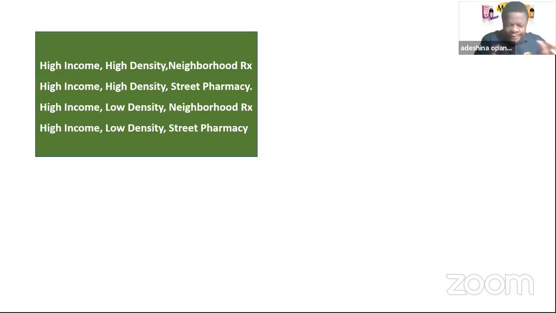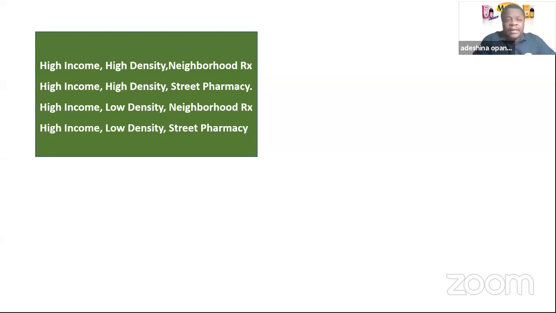Let me try and put some areas to tie to this. So I may say high income, high density may be a Lekki phase 1, because even though it sounds like an anomaly, rich people don't like a crowd. You know, they like to live on their own. But for the purposes of this discussion, let's assume that a Lekki phase 1 or a Victoria Garden City can qualify as a high income, high density residential area.